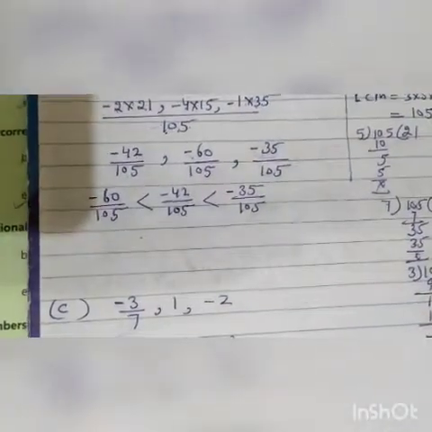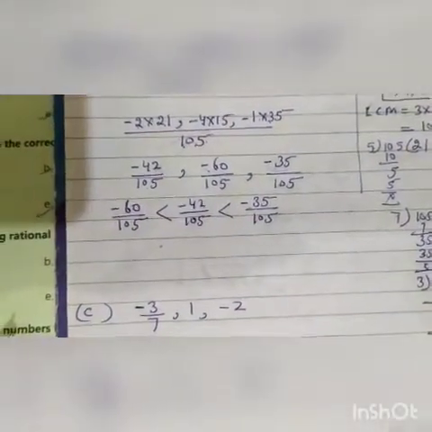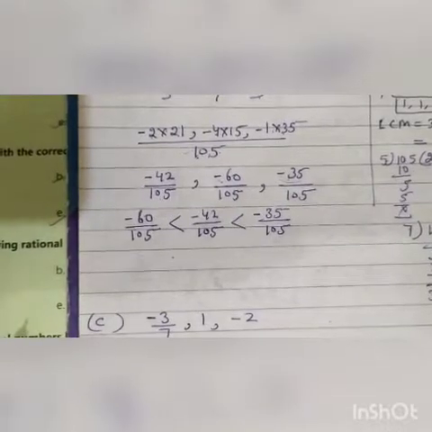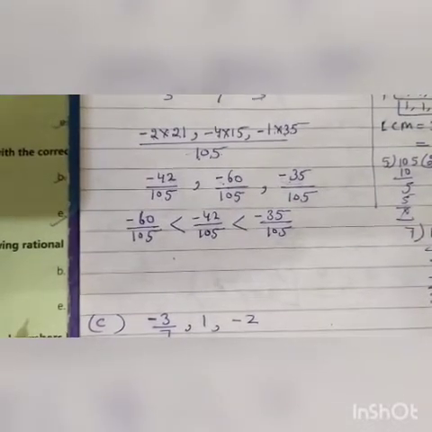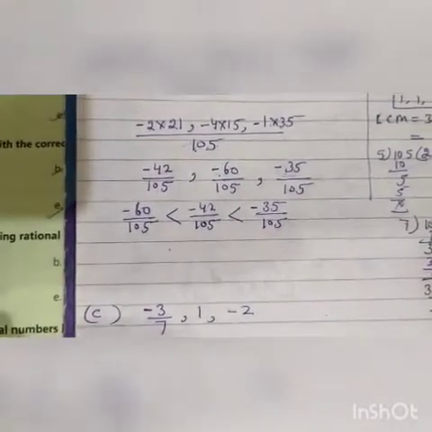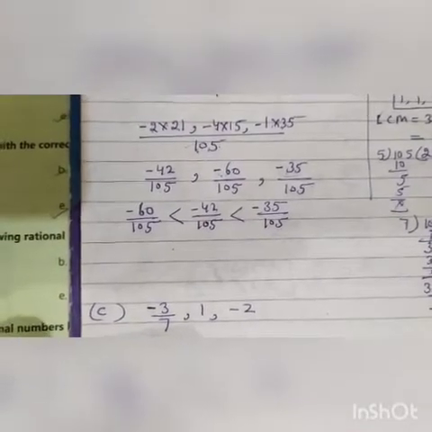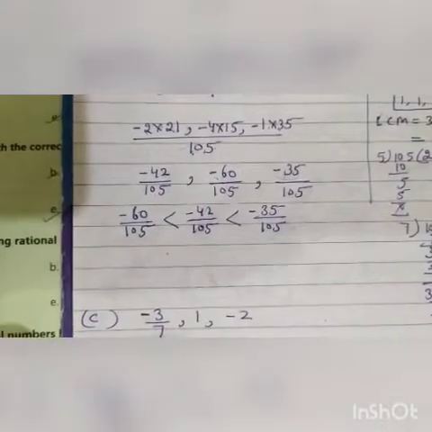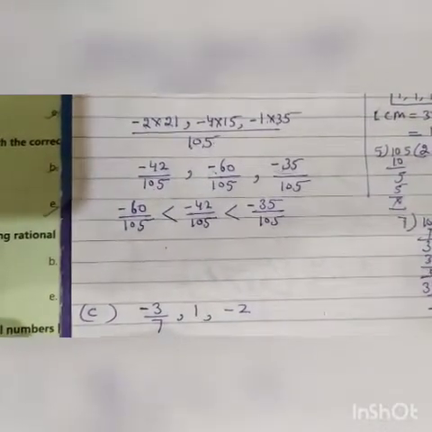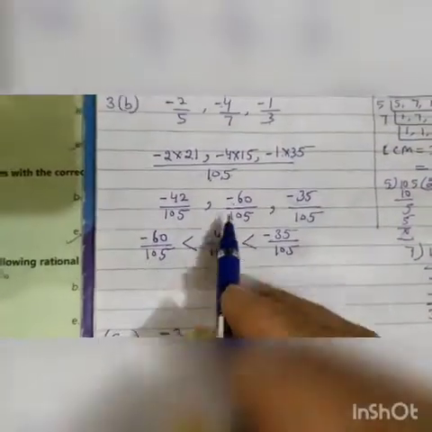Students, always remember, when we compare negative rational numbers, the rational number with the smallest numerator will be the largest rational number, and the rational number with the largest numerator will be the smallest one. Now this minus 60 upon 105 means minus 4 upon 7.